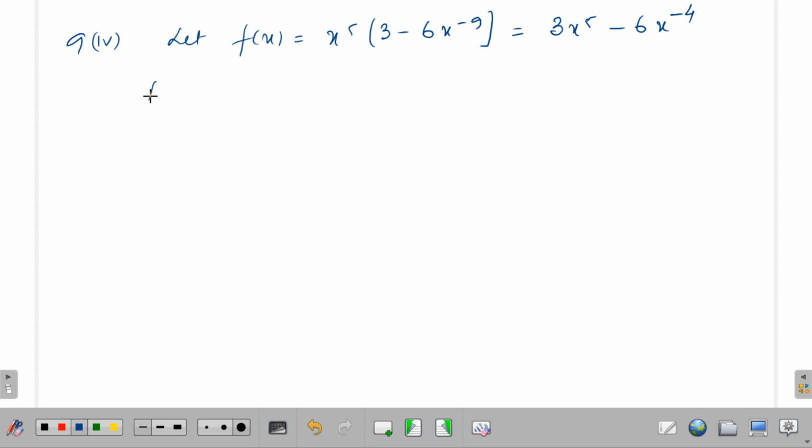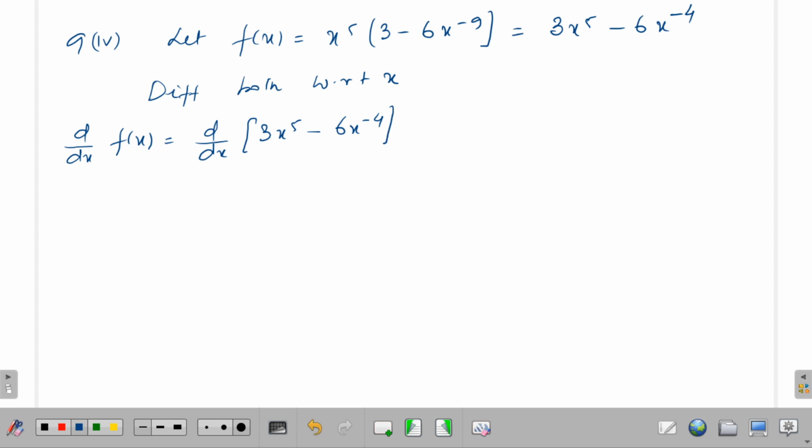Again same thing, differentiating both with respect to x, I'll get d by dx of f of x equal to d by dx of 3x to the power 5 minus 6x to the power minus 4, which is nothing more than 3 d by dx of x to the power 5 minus 6 d by dx of x to the power minus 4.